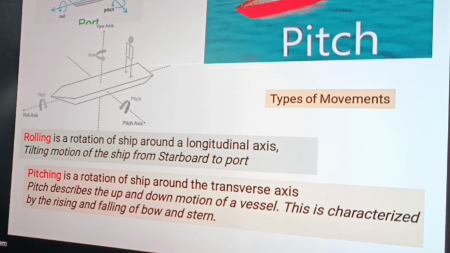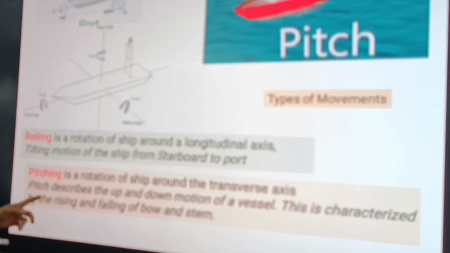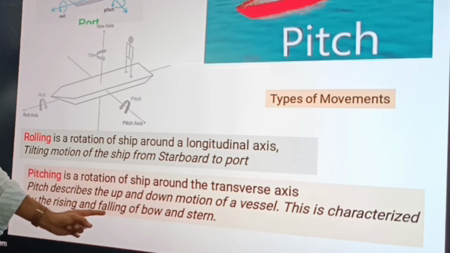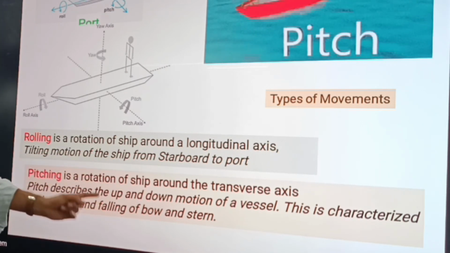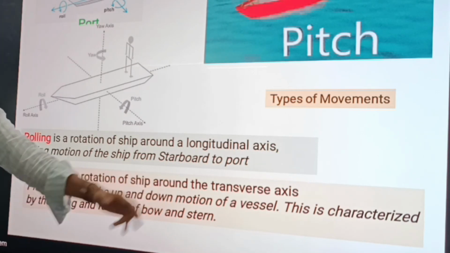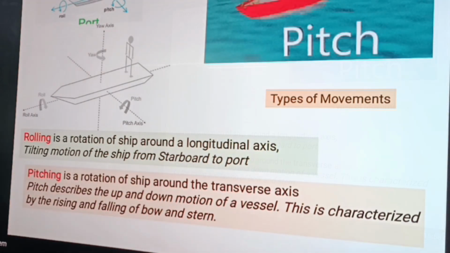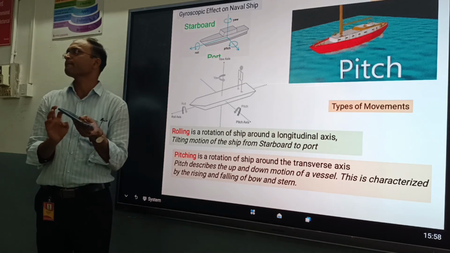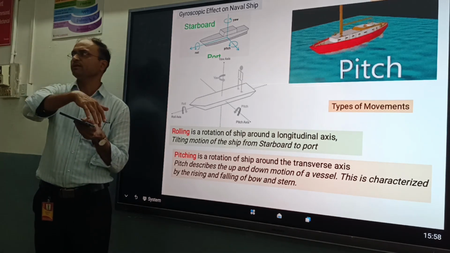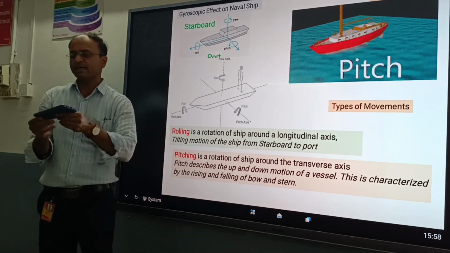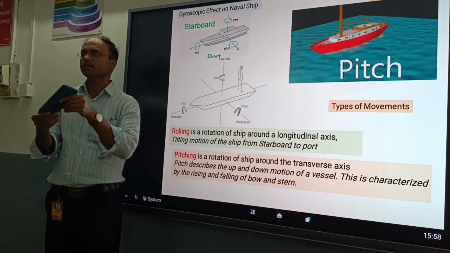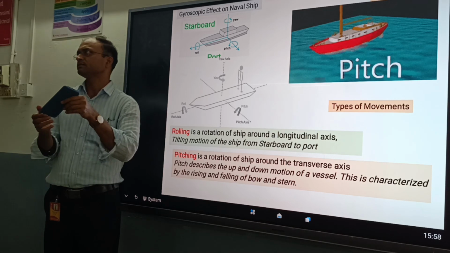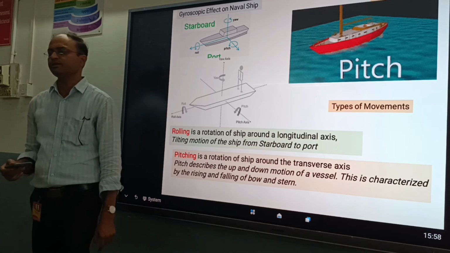And in terms of terminology, what can we say? It is rising and falling. Rising and falling of, what is this part, what do you call the front part? Bow, and the rear part, stern. So rising and falling of bow and stern. Is it clear? This motion is called pitching.